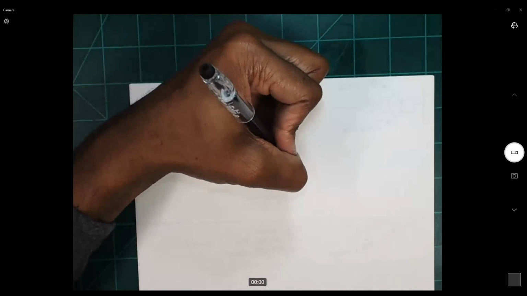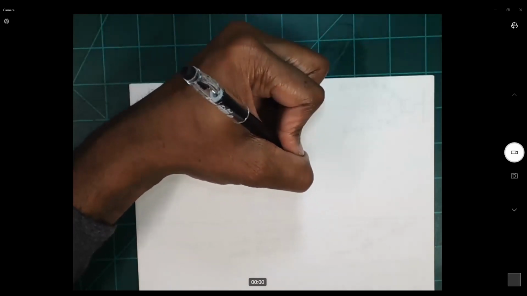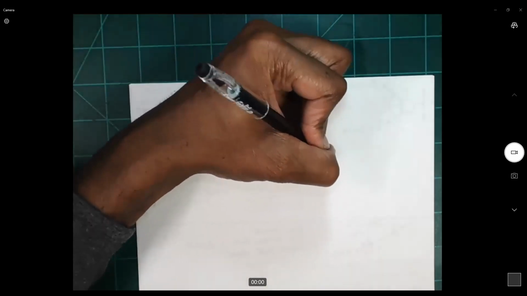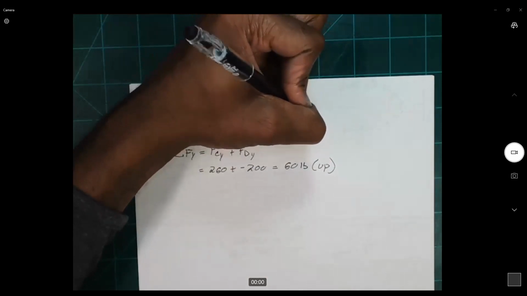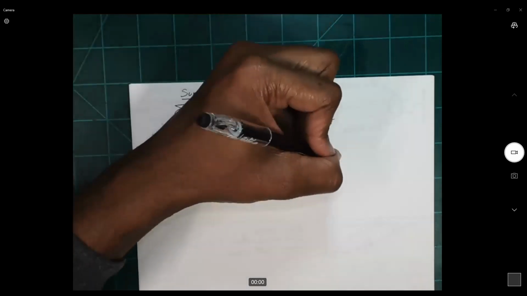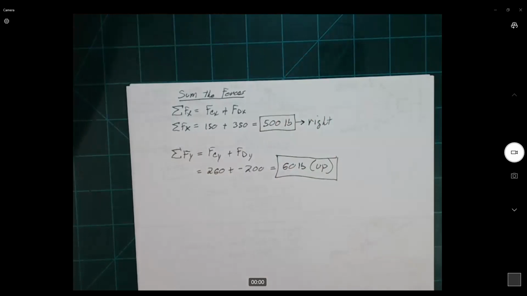And that will be 60 pounds. And this will be going up. And this going to the right. Just like so.